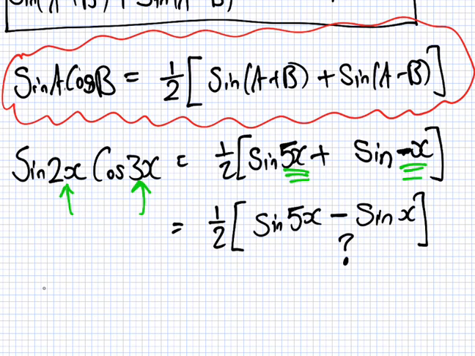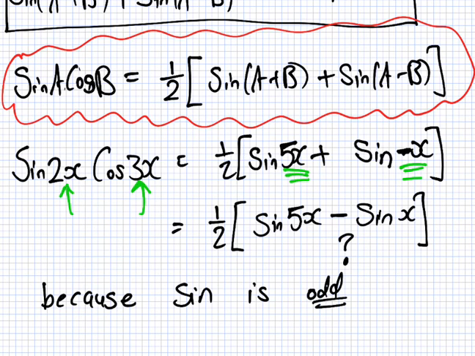Because sine is odd. It's an odd function. Remember we did even and odd functions? Sine is an odd function, so you can take the minus out in front for sine.